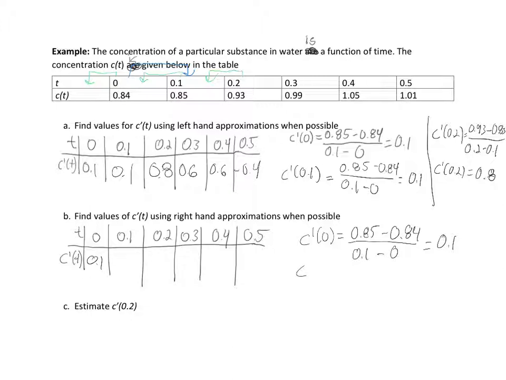If I was going to estimate c prime of 0.1, again using the value to the right, c prime of 0.1 would be 0.93 minus 0.85 over 0.2 minus 0.1, which would give me 0.8.